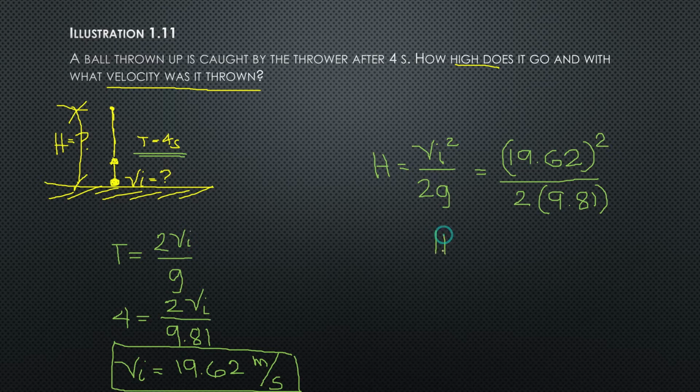So the maximum height will be equal to, let's calculate, 19.62 squared divided by 2 and divided by 9.81.